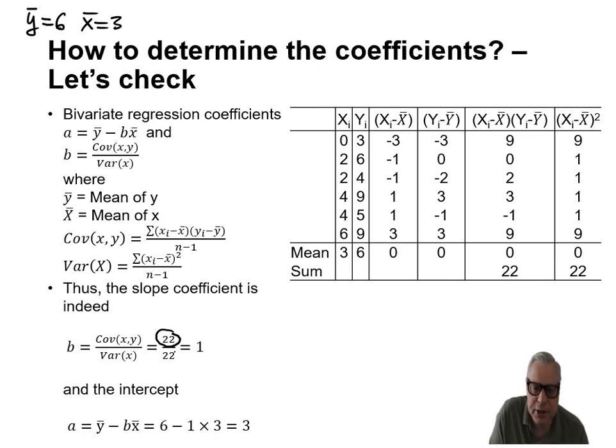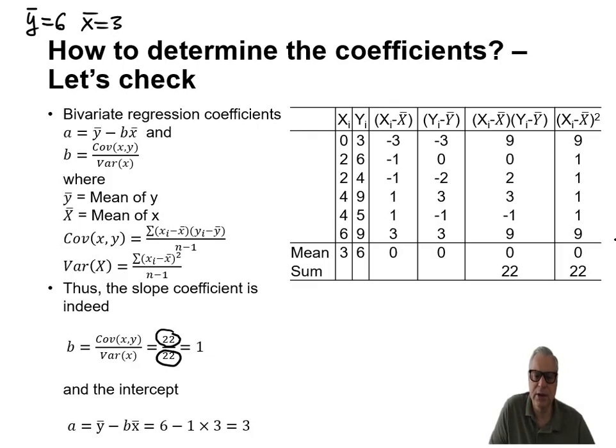So in the numerator we have 22, and of course that is pure coincidence. There's no hidden law that the covariance is always equal to the variance, but you can see that applying that formula indeed gives us a slope coefficient of 1.